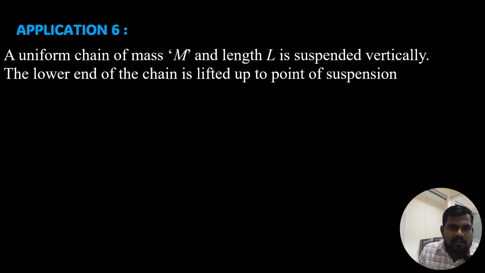Now I'm taking one rigid support. This is the rigid support I consider. For this rigid support, I will take a uniform chain, and this is suspended vertically downward in this case. We can observe very clearly this is the uniform chain.